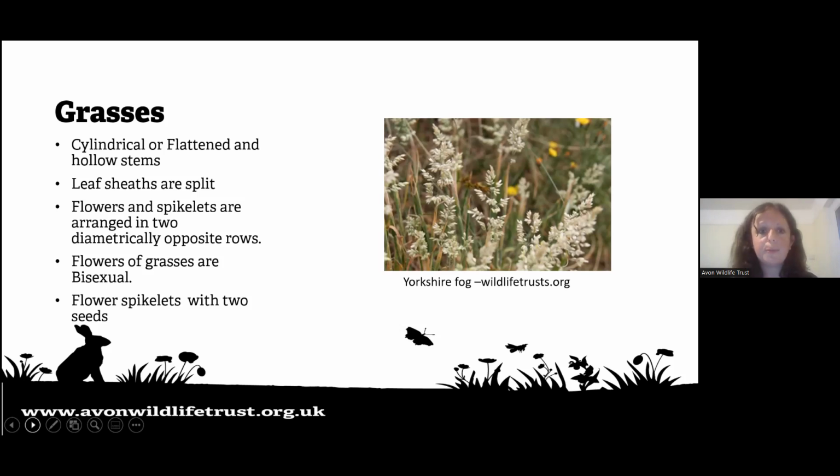And flowers and spikelets. Spikelets are the flower, and they are arranged in two separate rows. They have stamen and stigma, which are the bisexual parts of the flower, and they hold seeds in the spikelets.